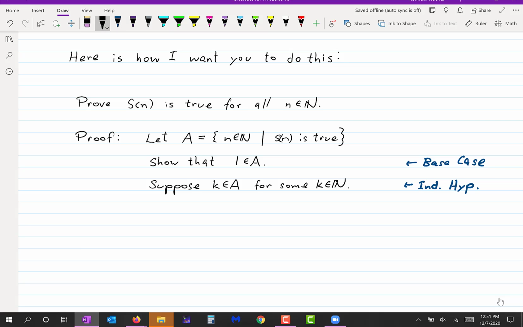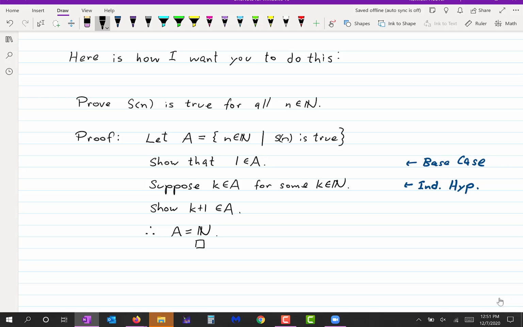And then I want you to show k plus 1 would have to be in A. And then you can make your conclusion. Therefore, A equals the set of all natural numbers. And then you'd be done. That's how I want you guys to write it, okay?